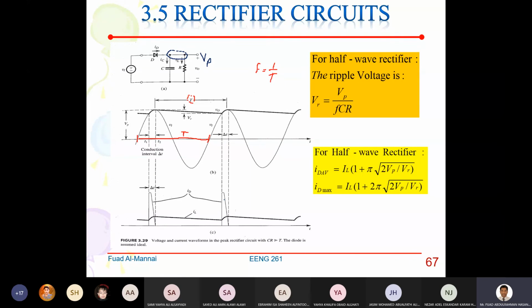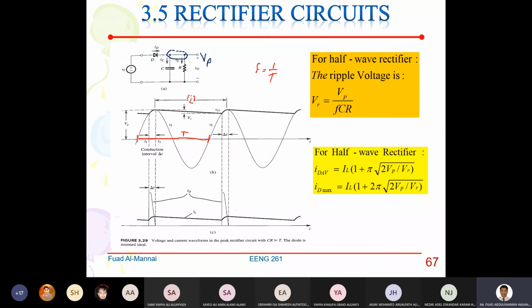As you can see from below, the diode current ID is given by this pulse here, because the diode will conduct only briefly during this time.